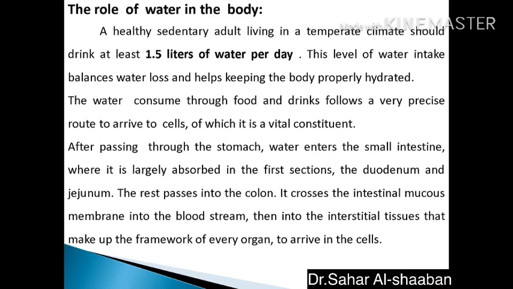The water consumed through food and drink follows a very particular route to arrive at cells, of which it is a vital constituent. After passing through the stomach, water enters the small intestine, where it is largely absorbed in the first sections, the duodenum and jejunum.